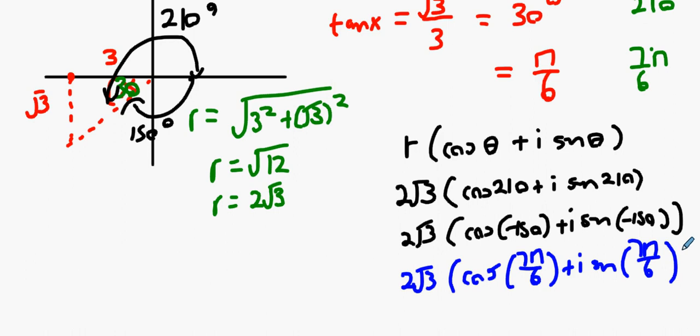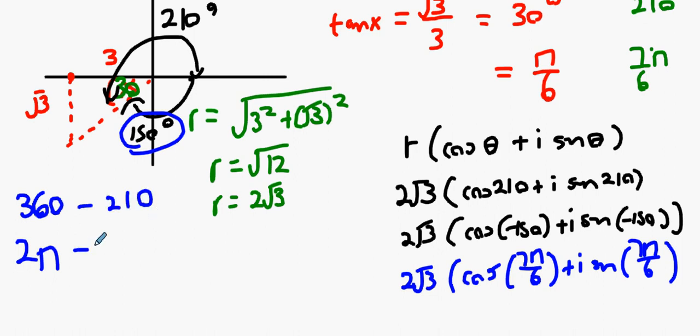What'd be a different answer for that? What's 150 degrees in radians? Or what's 2 pi, which is 360, take away 210, which is take away 7 pi over 6. That will give you your 5 pi over 6.